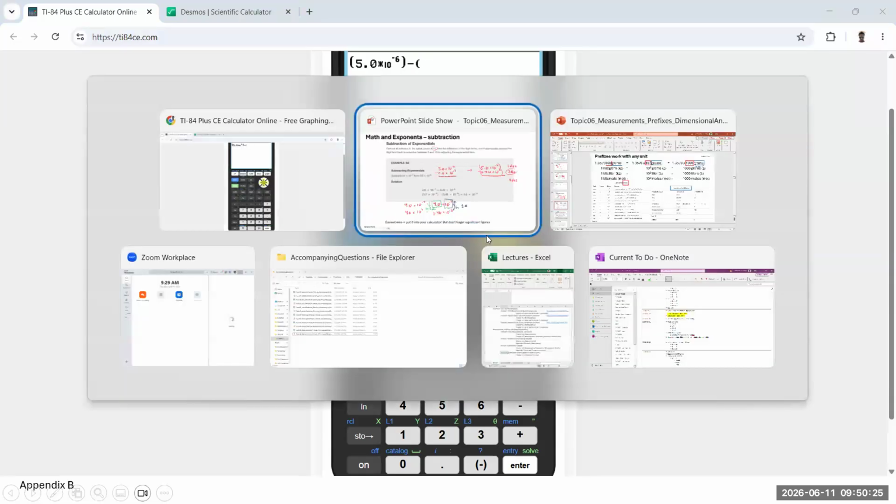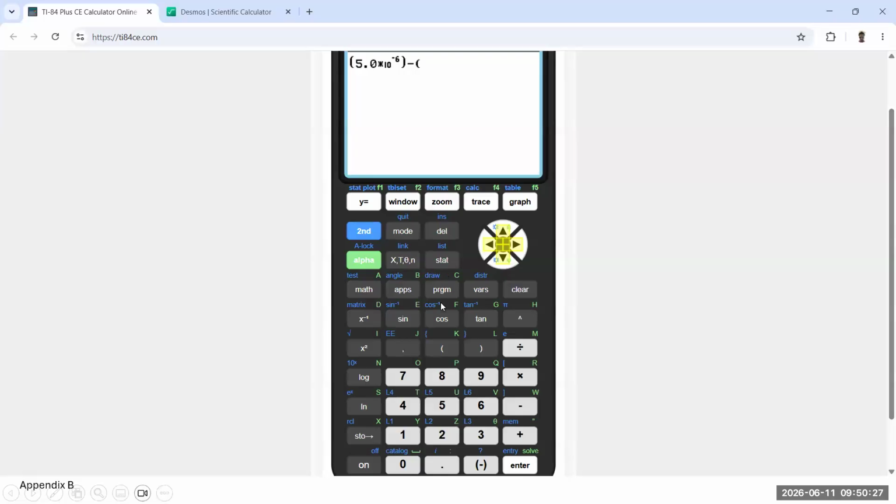All right. So it's 0.40. So 0.40 times, and then again, we're going to hit the second button with this 10 to the x here. That's the blue one. To the negative 6. The arrow to move over, and then the close parentheses.